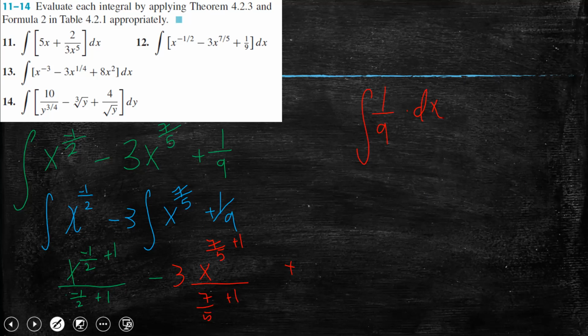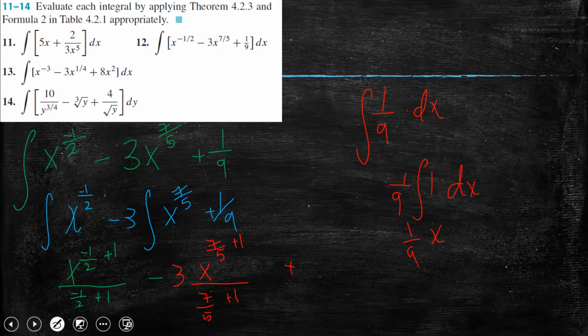It is 1 over 9x. 1 over 9x, thank you. Here we have 1 over 9, keep it outside. The integration of 1 dx. Integration of 1 is x, so it is 1 over 9x.